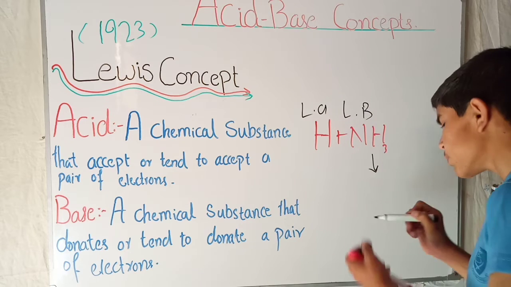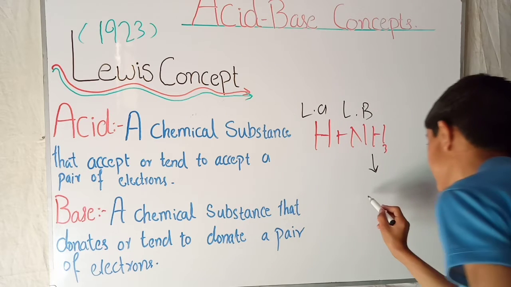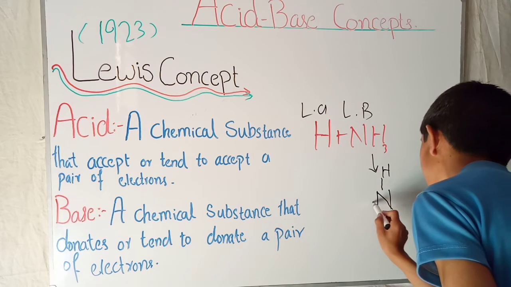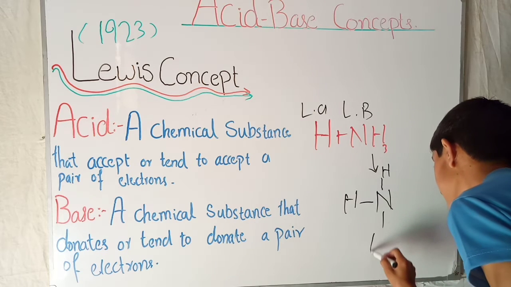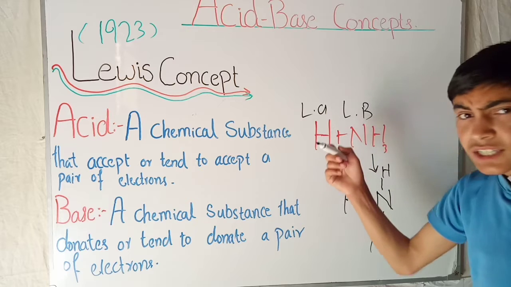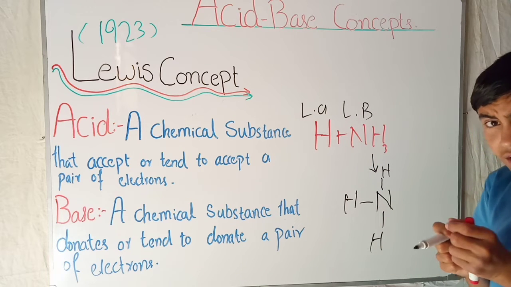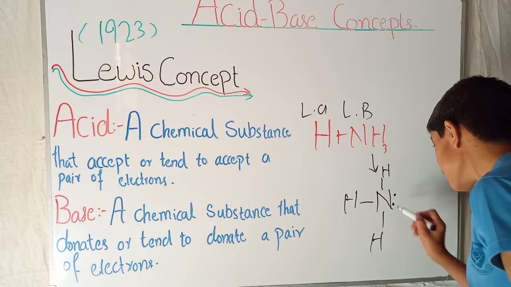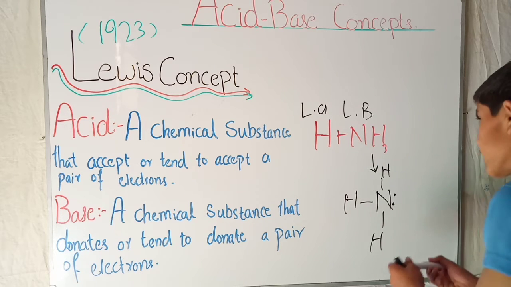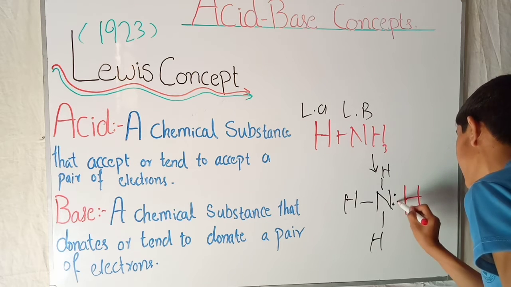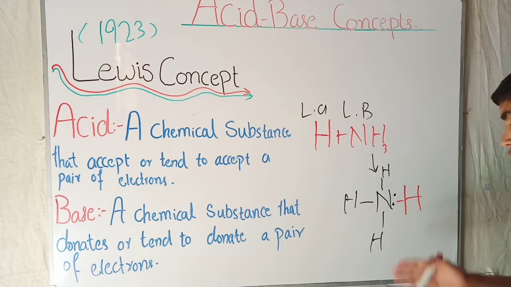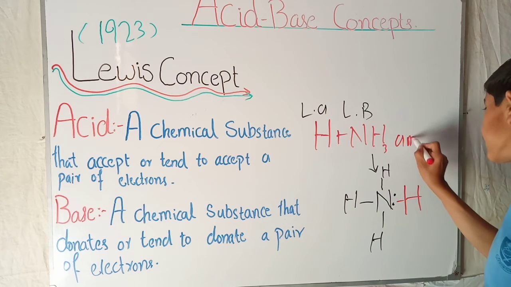If we look at its structural formula, NH3 has a lone pair of electrons, which it gives to the acid when an acid is mixed with it. So it gives this pair to the acid, and this way the hydrogen makes a bond with the NH3. Therefore ammonium is formed in this way.